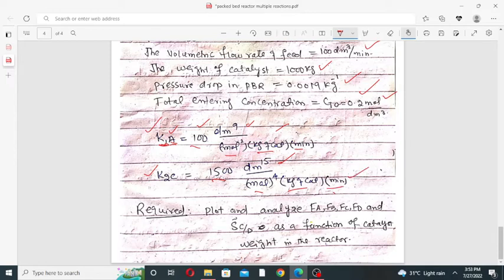Now the question is: plot and analyze FA, FB, FC, FD and the selectivity of component C with respect to component D as a function of catalyst weight in the packed bed reactor. So the question is to plot the molar flow rates of the components and the selectivity of component C with respect to component D inside the packed bed reactor.